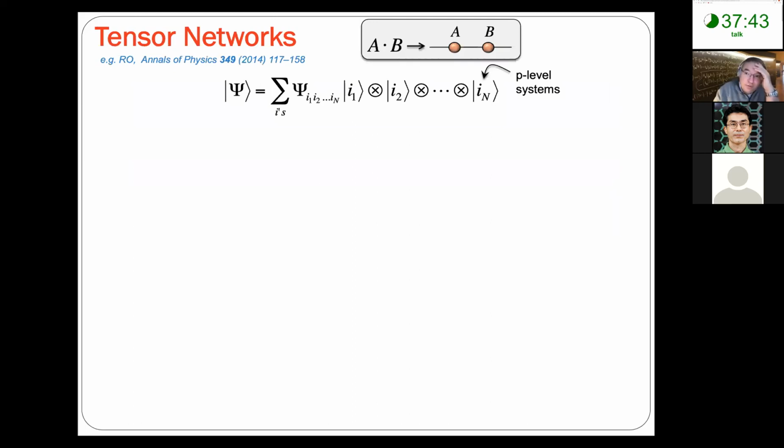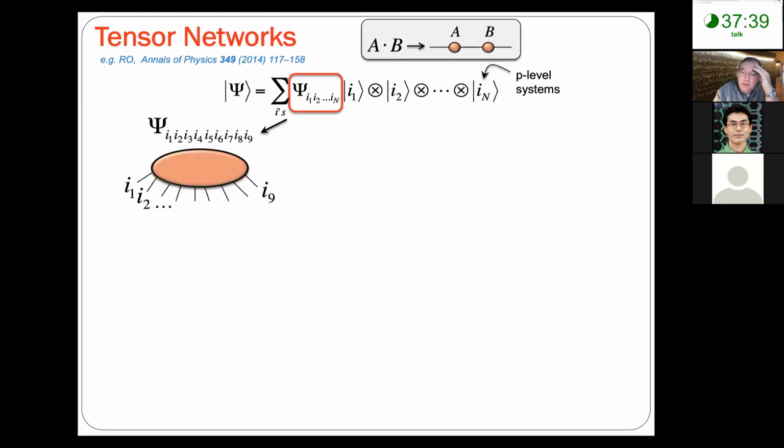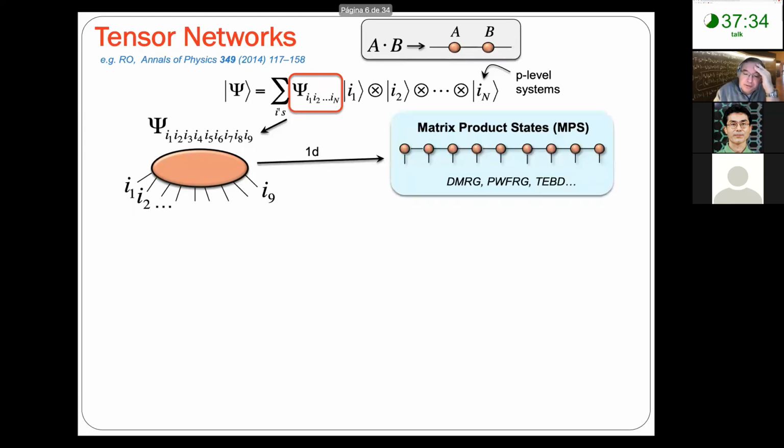I don't think I have to explain what tensor networks are. Just to remind you, tensor networks are a very efficient way of decomposing the coefficients of a quantum many-body wave function, where instead of having a very big tensor, we decompose it into fundamental pieces.